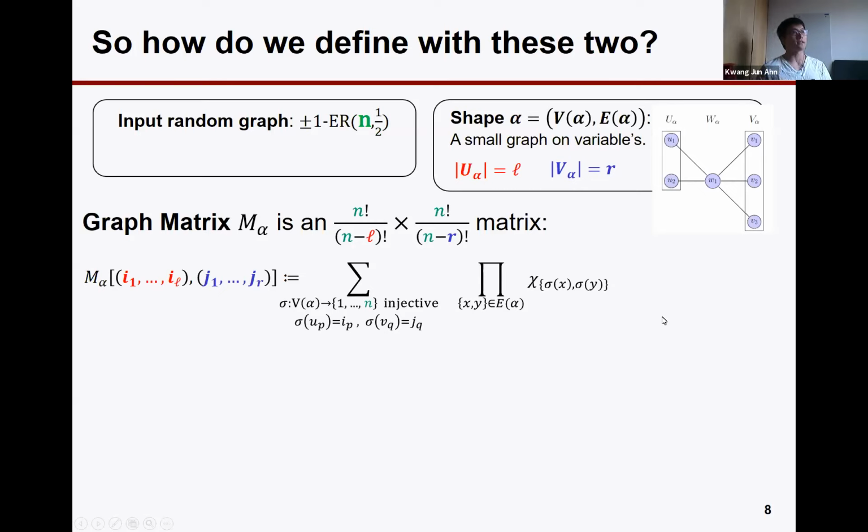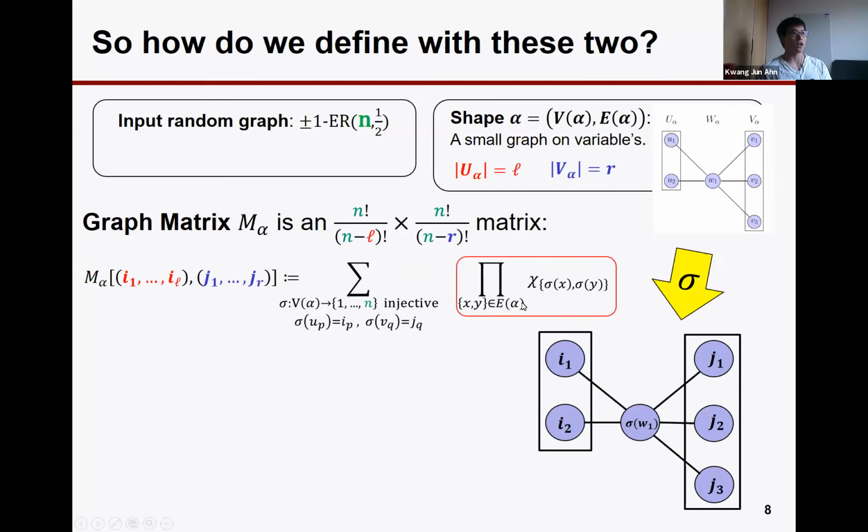This product term is nothing but, let me break it down. You apply the map to these variables and you get a realized shape where all the variables in the vertices are replaced by actual indices like this. Because of this restriction, those corresponding to row and column, or left and right, will be just i's and j's.